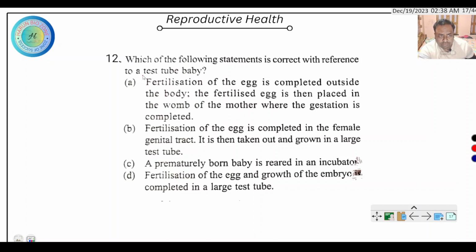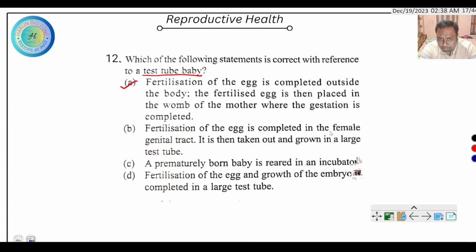So, what is the truth about test tube baby? Test tube baby means where the fertilization occurs outside of the body and then the zygote is transferred into the uterus where the gestation period is continued. Here is the right point.